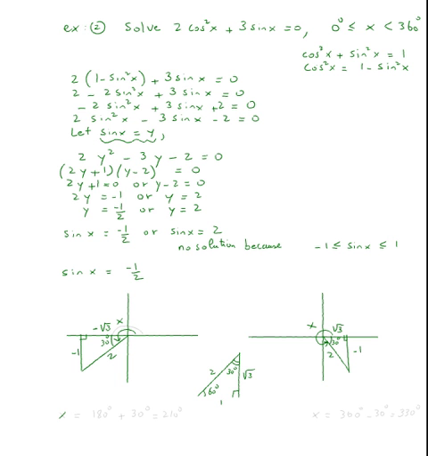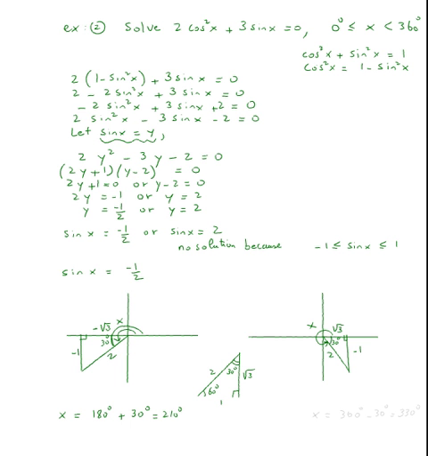Finally, x will be equal 180 degrees plus 30 degrees, which is 210 degrees. Think of it: 180 degrees plus 30 degrees will give you 210 degrees.